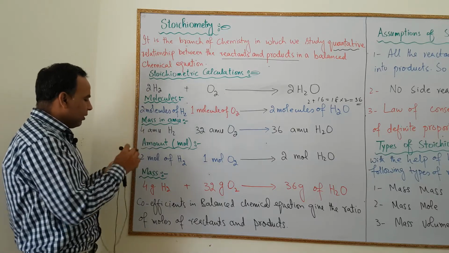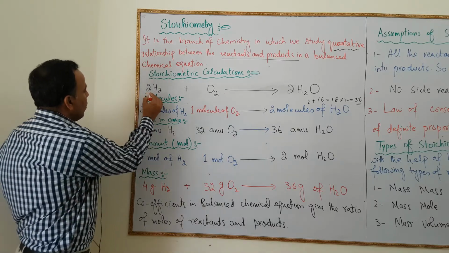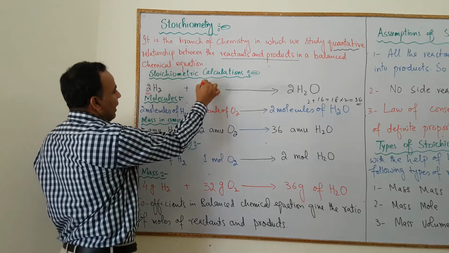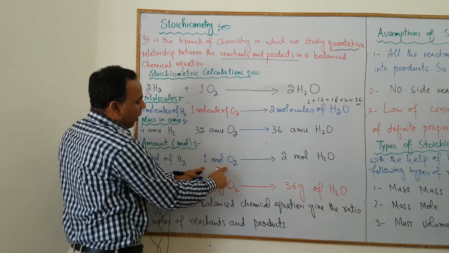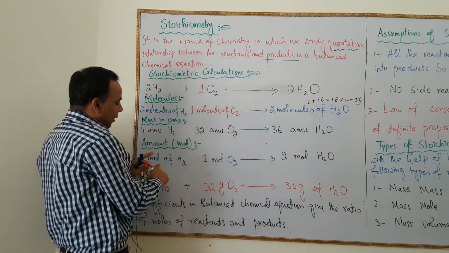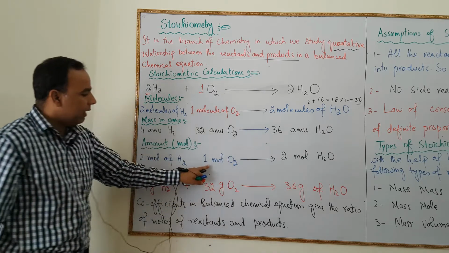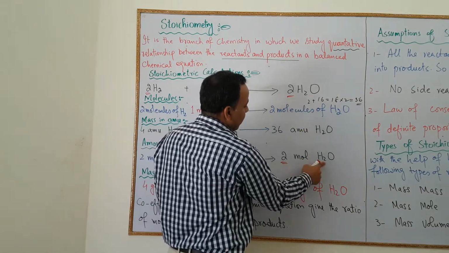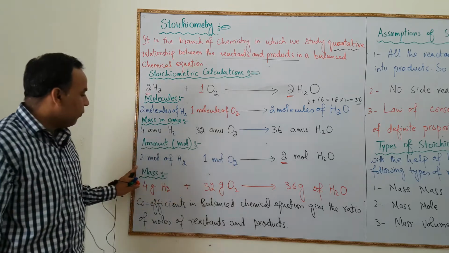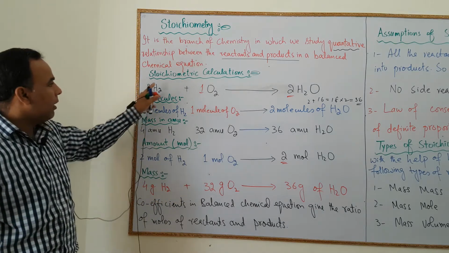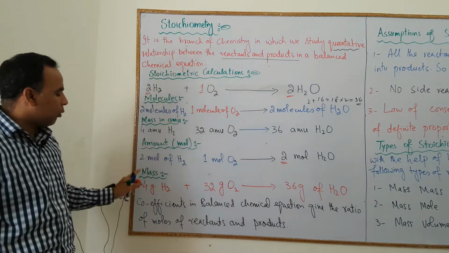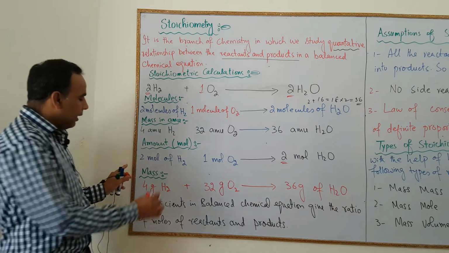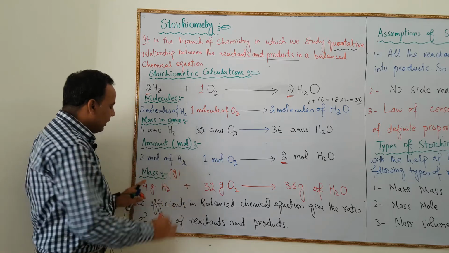How many coefficients are there with it? 2 moles of hydrogen will react with 1 mole of oxygen, and in this way when 2 moles of hydrogen react with 1 mole of oxygen, then 2 moles of water will be produced.